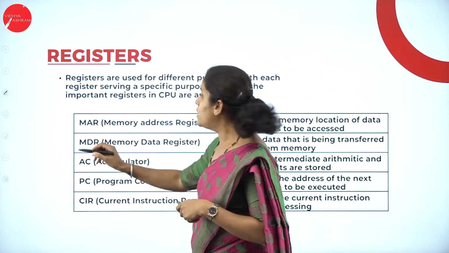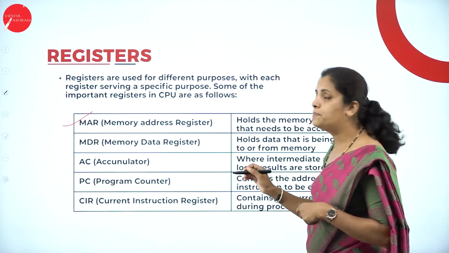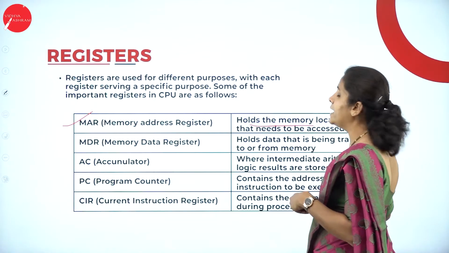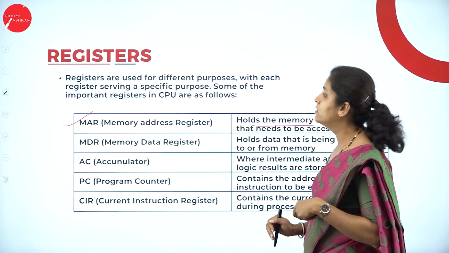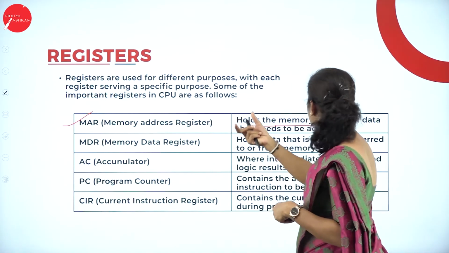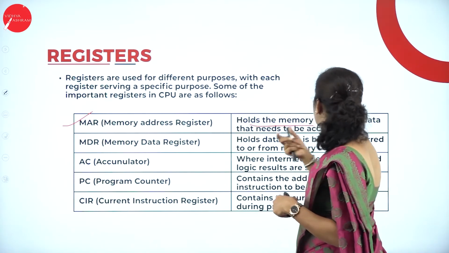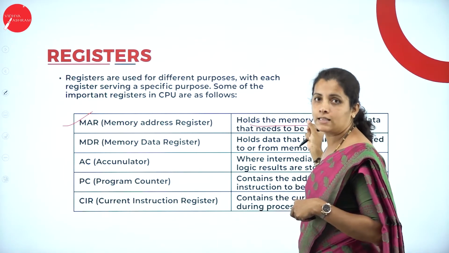The first one is the memory address register. It is responsible for holding the memory location of data that needs to be accessed. So memory address registers are used to hold the memory location address of the data that needs to be accessed.